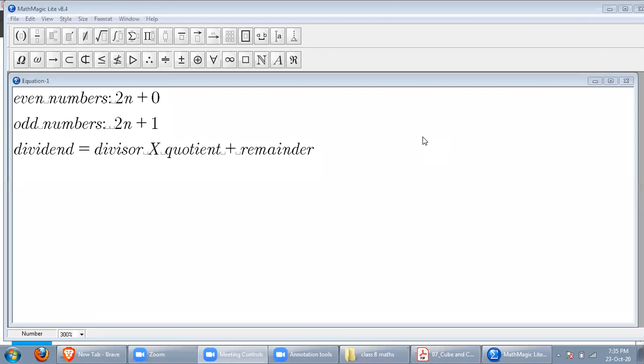The remainder will never be 3 because it is complete. Division means what? Let's say, for example, there are 27 oranges and 9 students.